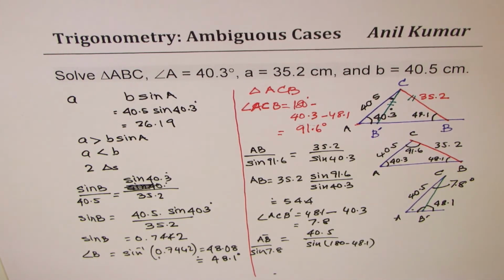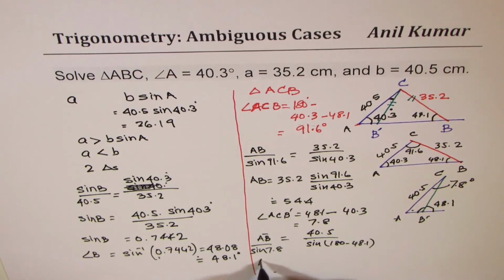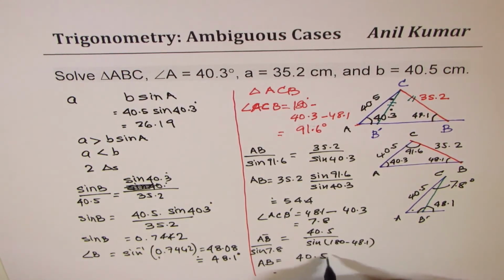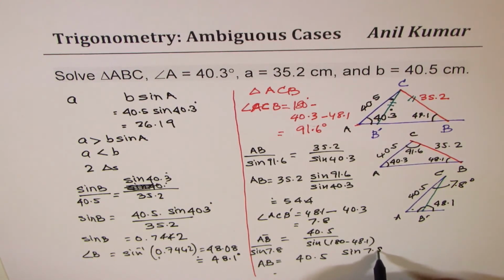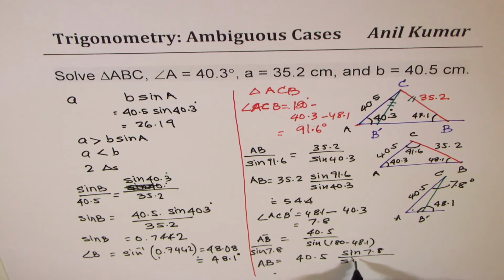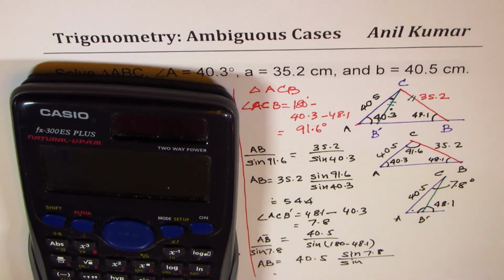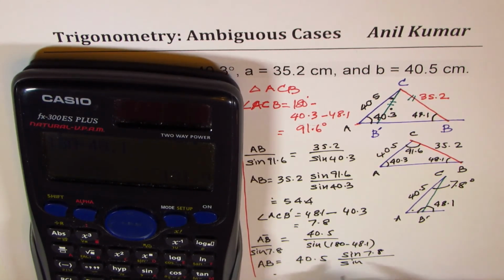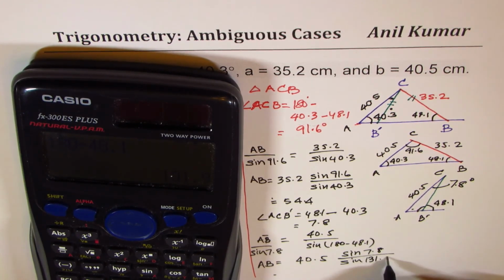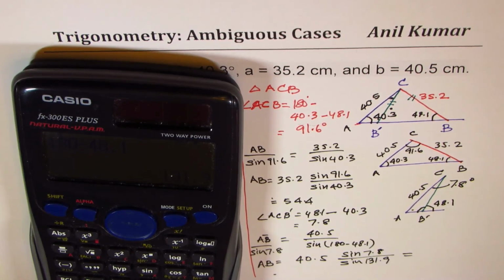Does that make sense to you, right? So therefore, AB dash is equal to 40.5 times sine of 7.8 over sine of 180 minus 48.1, which in decimals is 131.9, right?